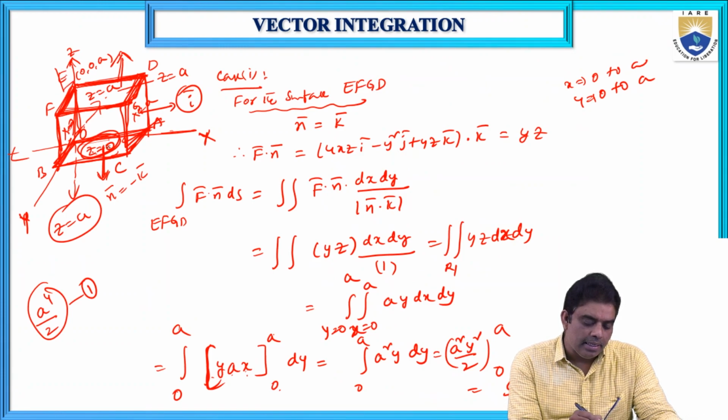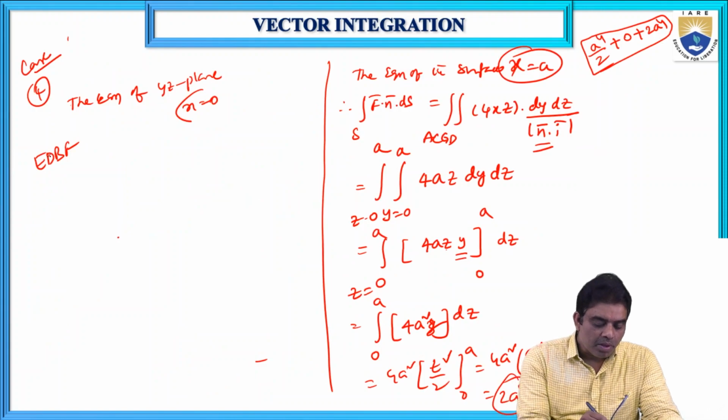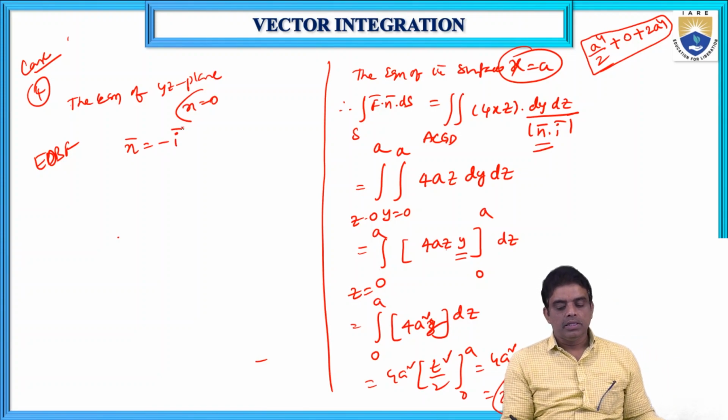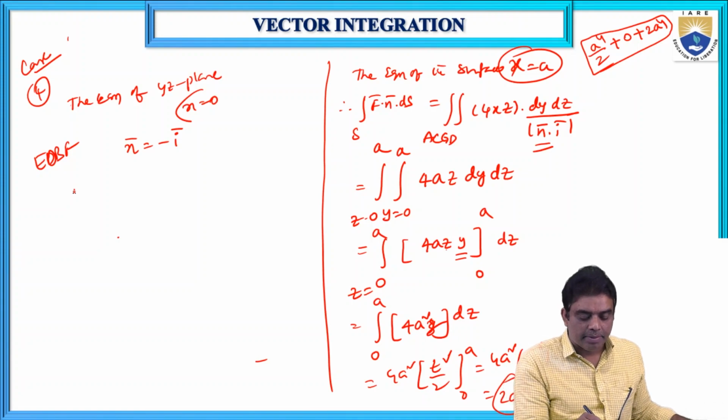Here the outward normal vector n bar is equal to minus i bar, because the outward normal vector is in the direction of the negative x-axis.